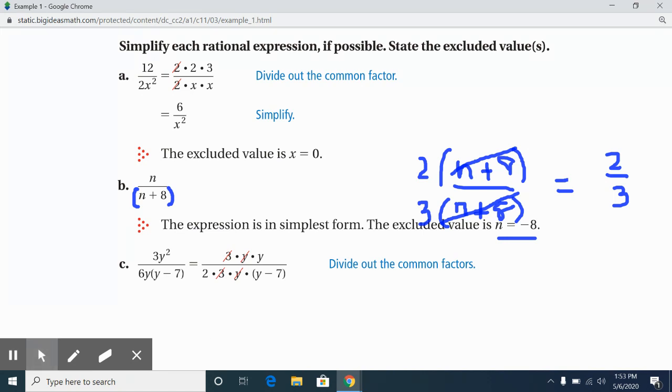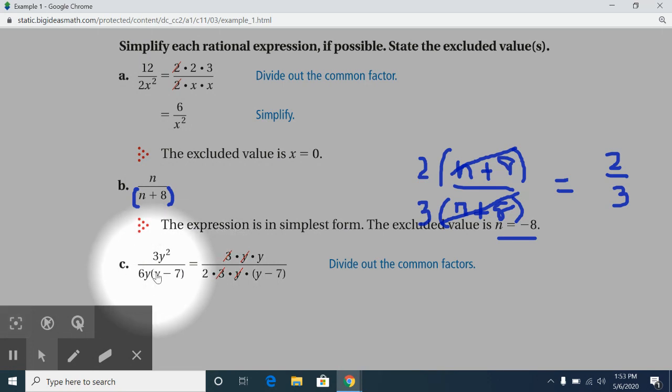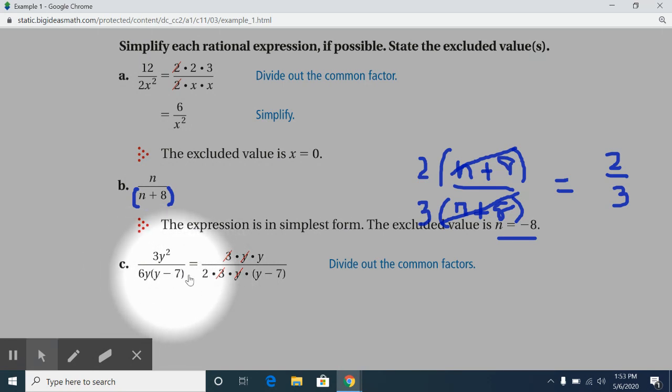Problem C, we're just going to continue with what the book does. They write it out in prime factorization. Okay, so 3y squared is really 3 times y times y, and then 6y, they're rewriting as 2 times 3 times y. And then the y minus 7 is kind of its own polynomial, all right, its own expression.